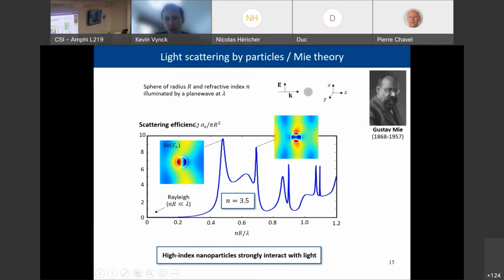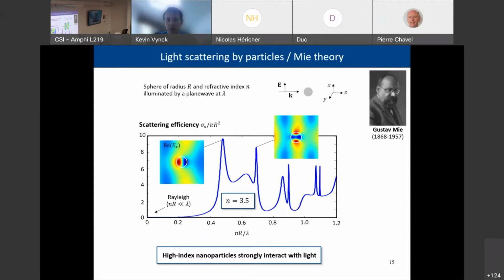The scattering cross-section is a bit the surface that is occupied by the particle in terms of scattering. In fact, because this is a coherent process, while if you would see light just as a ray impinging on a sphere, the cross-section would be just the surface of the sphere.